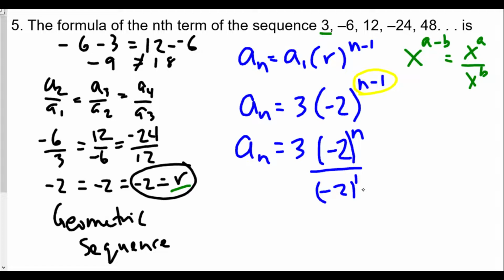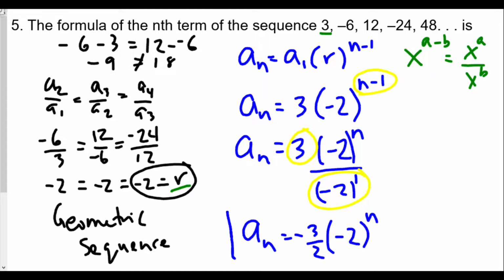And so we can take this numerator and this denominator and put it together to get our final rule, in this case, a sub n equals -3 over 2 times -2 to the nth power. And this is going to be our nth term. And this is what we're looking for.